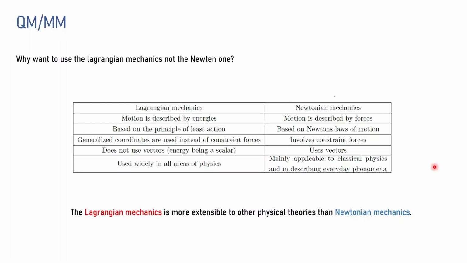While in Newtonian mechanics we describe the motion by the force and we use vectors to describe that. We can say one important point to use Lagrangian mechanics is that it is more extensible to other physical theories than Newtonian mechanics.